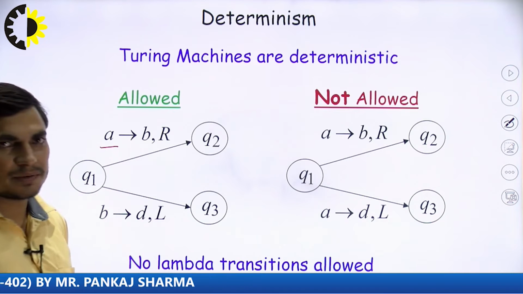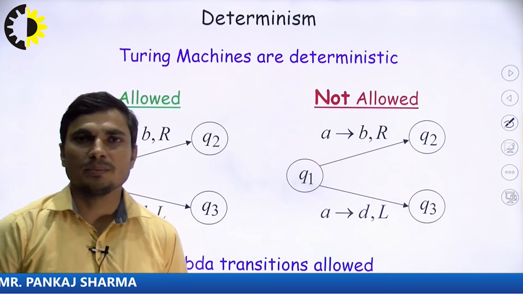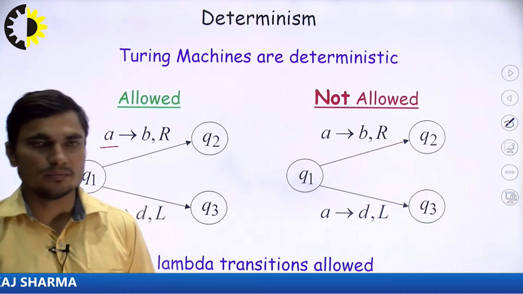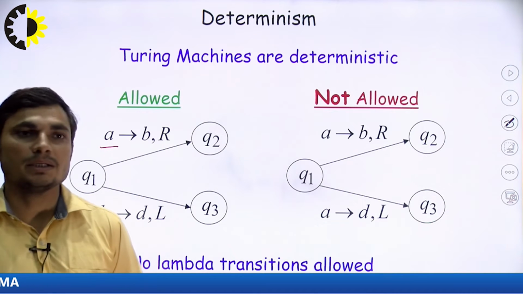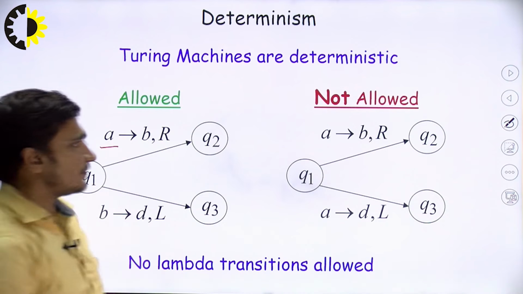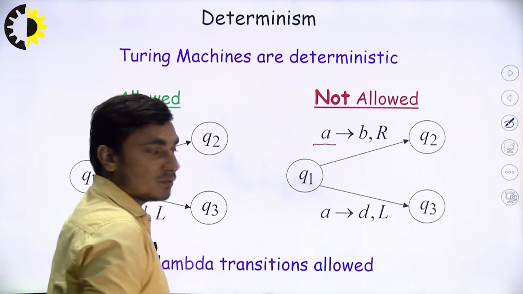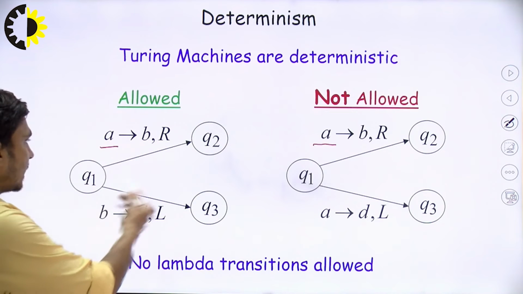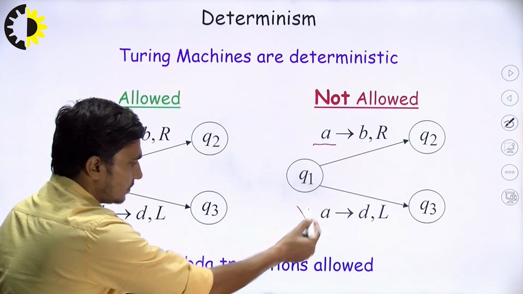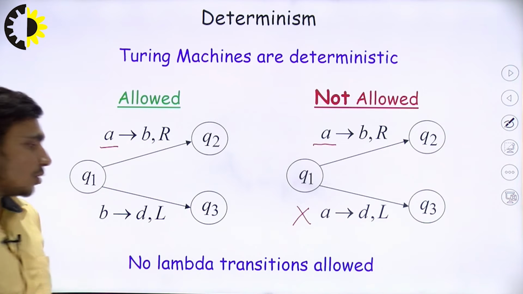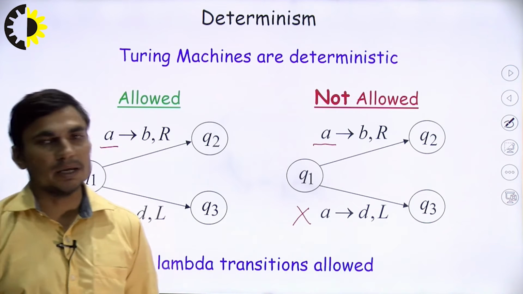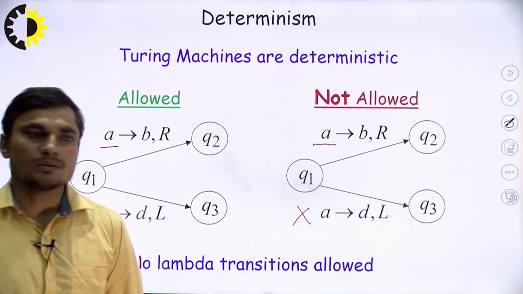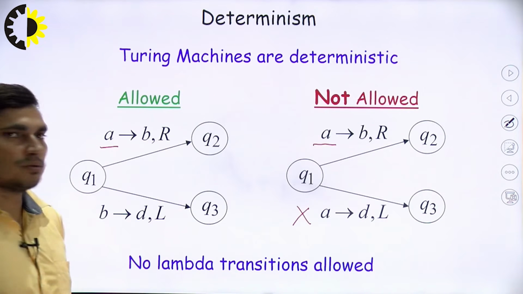Suppose we have an input symbol A, then for input symbol A we will have only one transition, and for another input symbol we will have another transition. It is not allowed that for a certain input symbol we have 2 transitions. So, this is not allowed. We can have these kinds of transitions, but we cannot have these kinds of transitions. Again, no lambda transition is allowed. As an empty string is not allowed, the lambda transitions are also not allowed in a Turing machine.